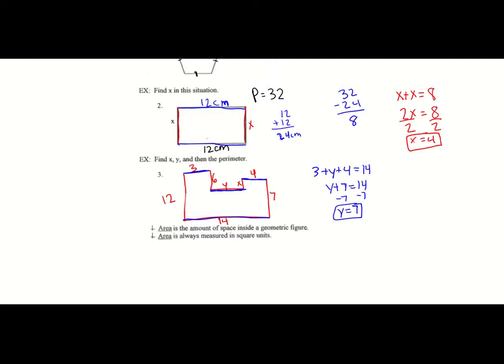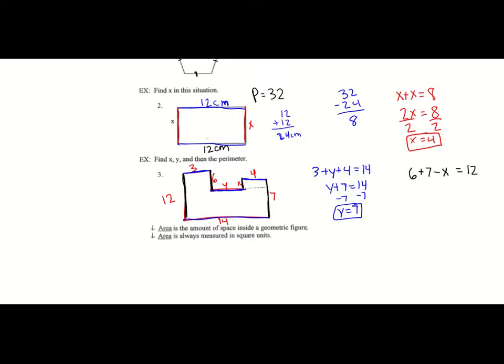Then we can do a similar thing with x. So we know that this piece right here plus this piece minus this piece, because these overlap, we can't add all these up because this piece right here is extra. That is going to give us 12. So let's write that. We have 6 plus 7 minus x equals 12.